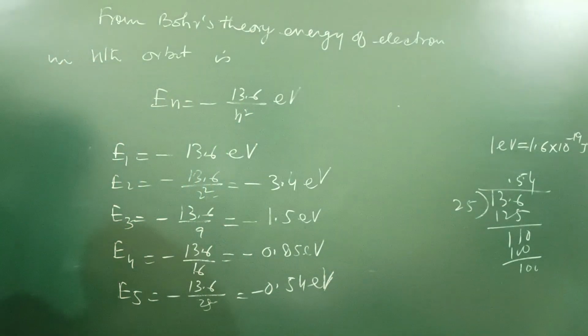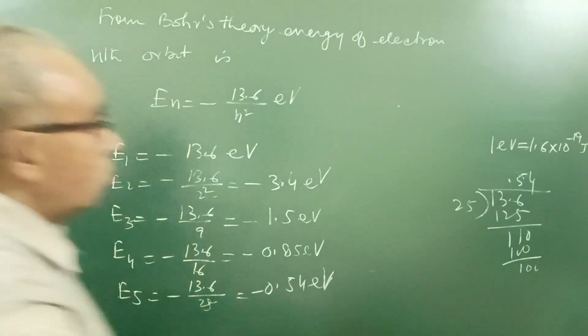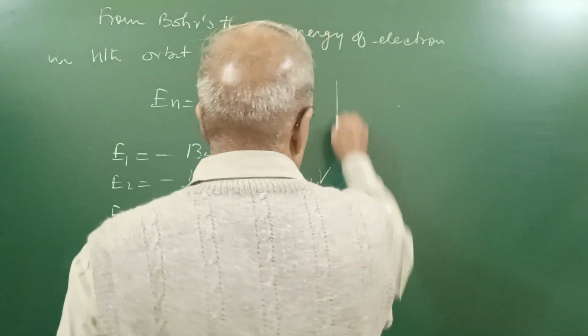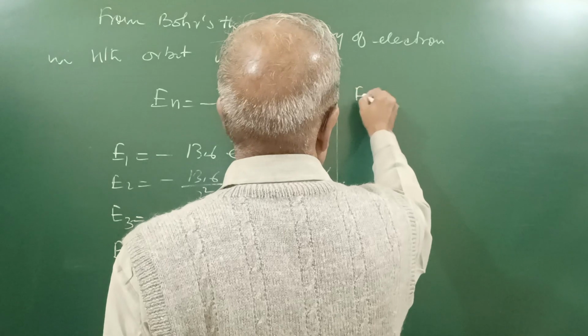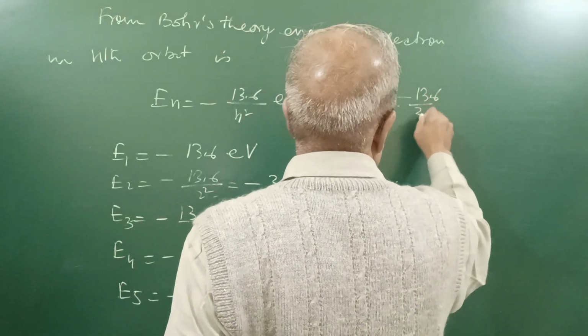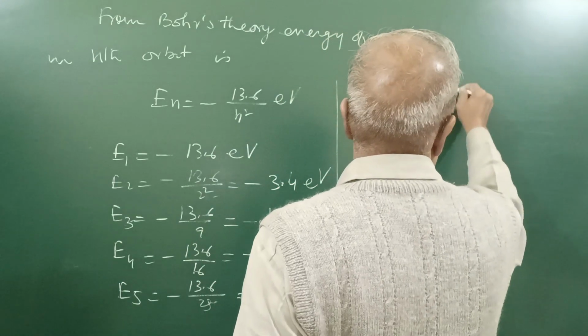Then E6 equals minus 13.6 upon 36 electron volt.